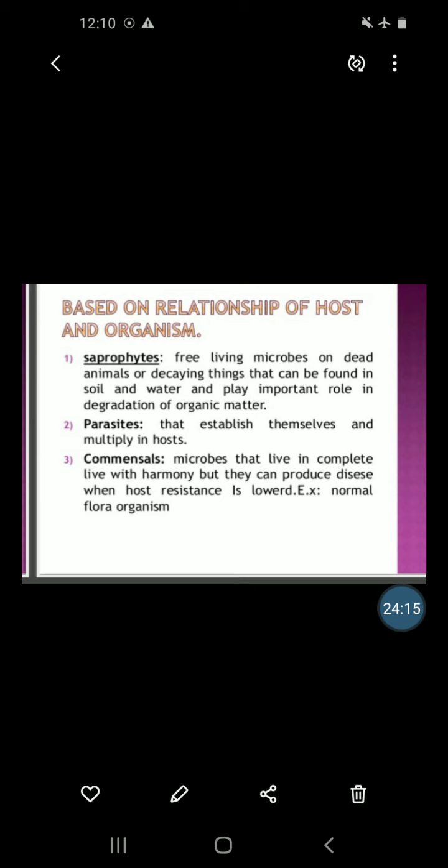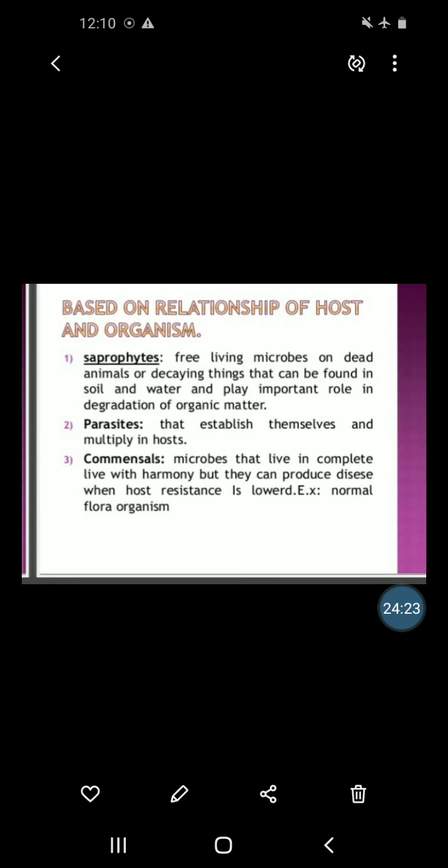Next, parasites. These establish themselves and multiply in hosts. Then commensals, these are the microbes that live in complete harmony, but they can produce disease when host response is lowered.